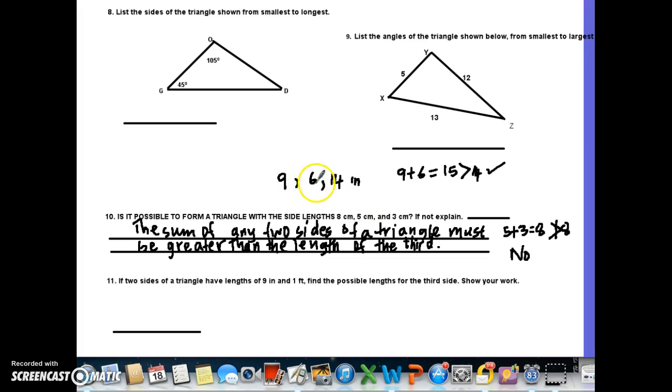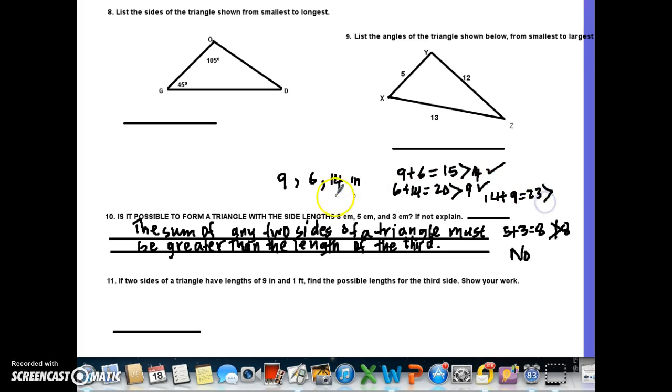You take another two, say 6 and 14. You say 6 plus 14, that would give you 20. And 20 is going to be greater than the third side, which here is 9. So that checks out. And finally, you take the last two, 14 and 9. Say 14 plus 9, that's 23.